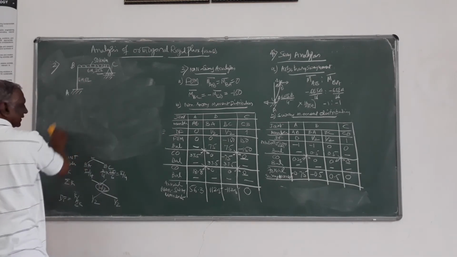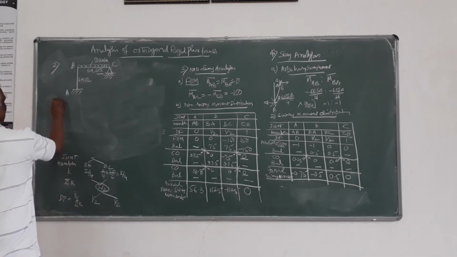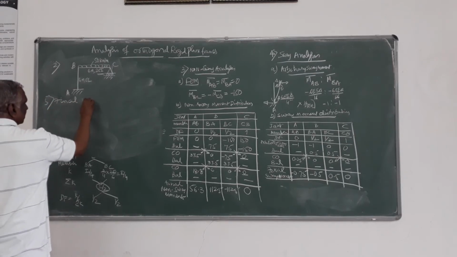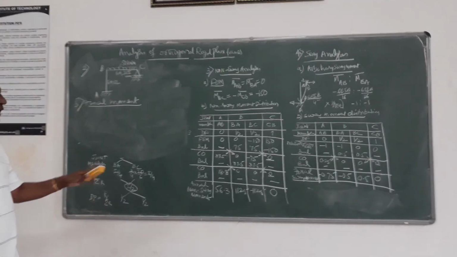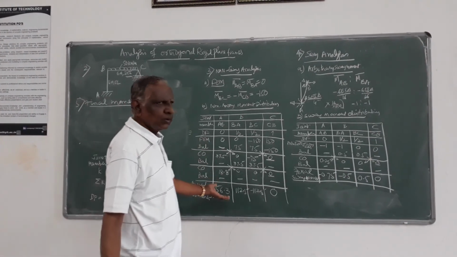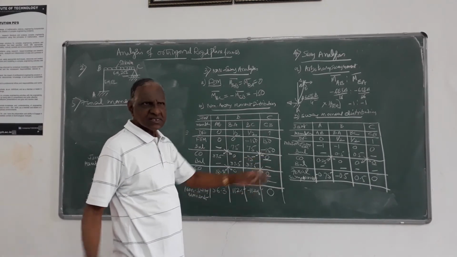Final moment, whatever we have to determine at the end of each member. So final moment is moment due to non-sway and sway.